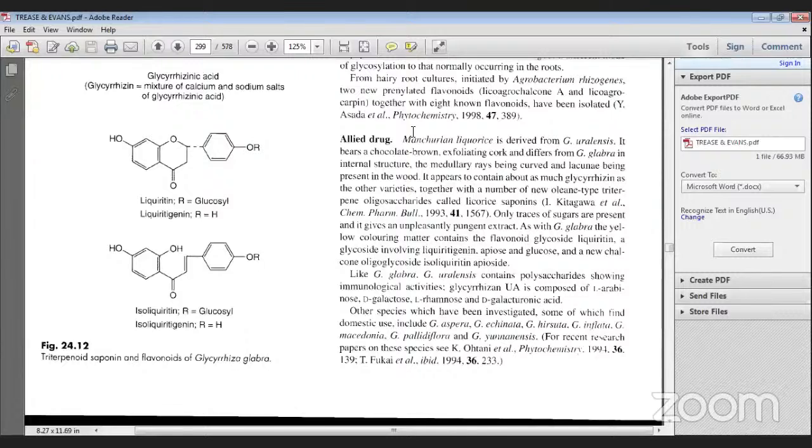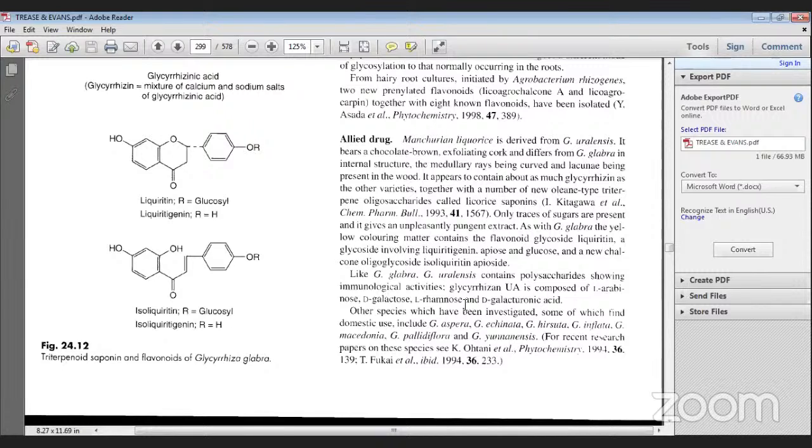Allied drugs of licorice include the Manchurian licorice, obtained from Glycyrrhiza uralensis, which is pale chocolate brown in color. It is free from sugar and contains only glycyrrhizin.